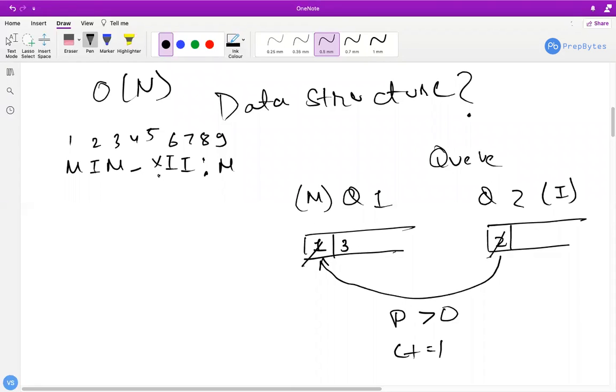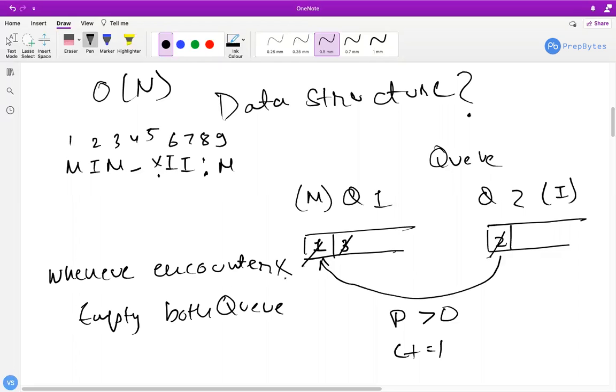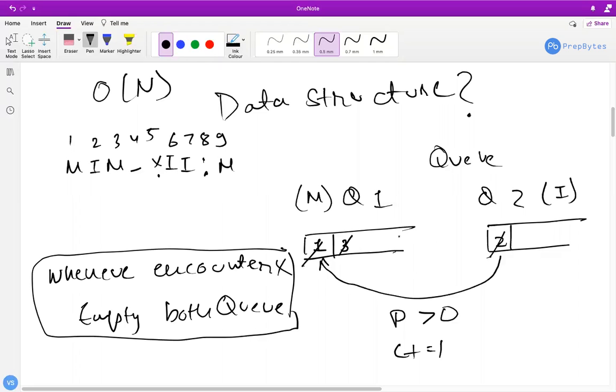So they will be removed, Q1 will become empty. So whenever we encounter X, we empty both Q's, because then there is no need to use those indices.